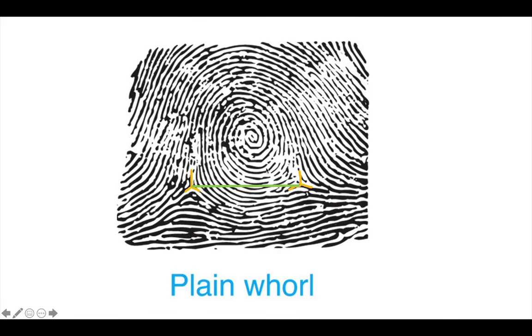If even one of those that go around in a complete circle crosses that line and comes back, because it's going in a full circle, you automatically call it a plain whorl. No other whorls will follow this behavior.